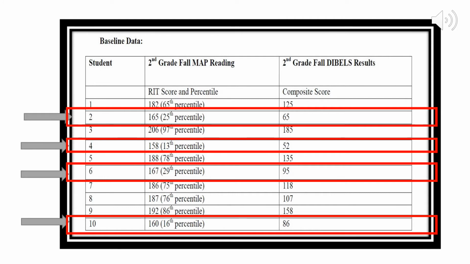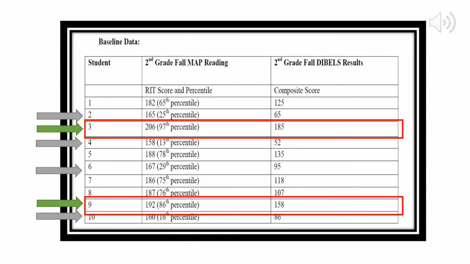Student number 2 scored in the 20th percentile. Student number 4 scored in the 13th percentile. Student 6 scored in the 29th percentile. And student 10 scored in the 16th percentile. So I might start thinking of grouping these students in tier 3 because they're not performing anywhere near average at this point.